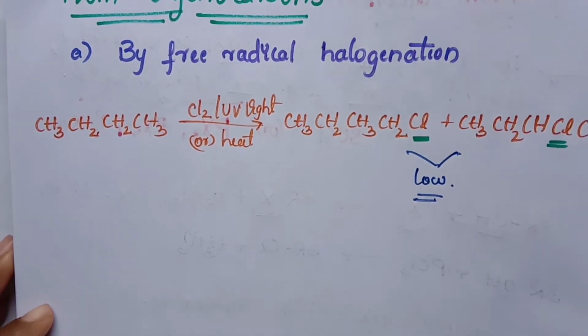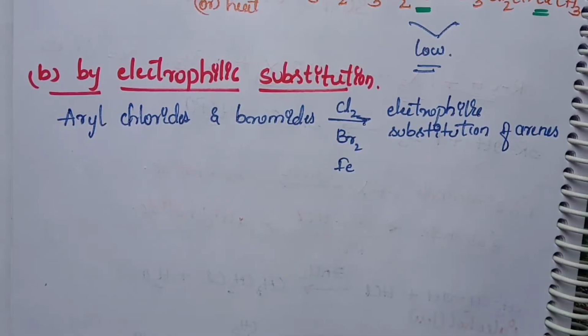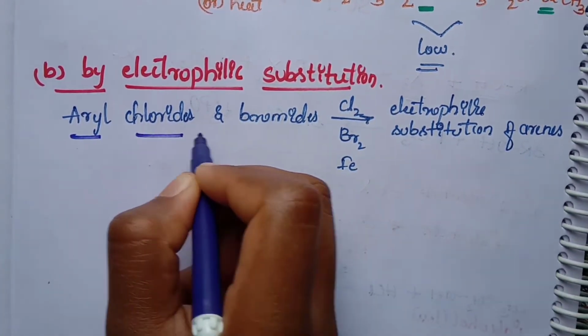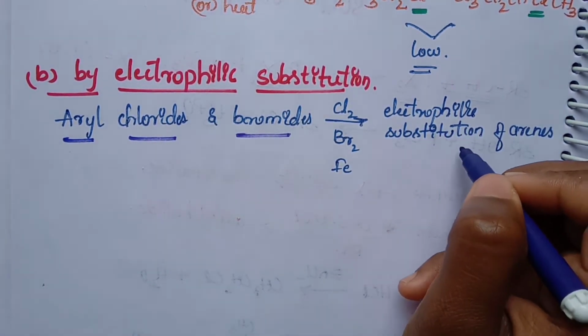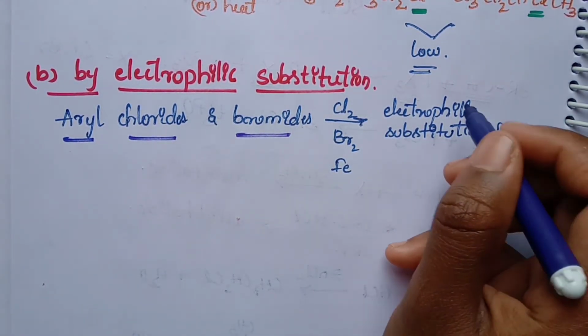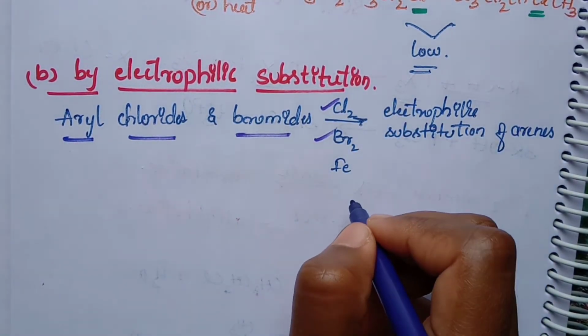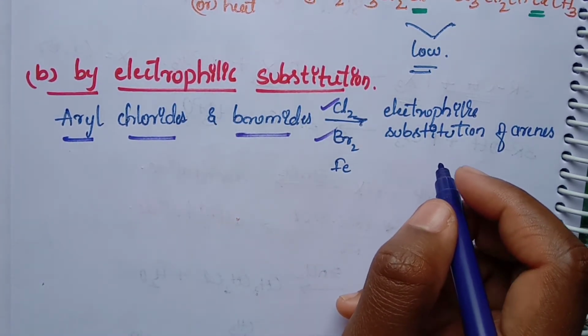Then we move on to electrophilic substitution. Here aryl chlorides and aryl bromides can be prepared by the electrophilic substitution of arenes in the presence of chlorine or bromine, and we also use a catalyst like iron or iron(III) chloride.